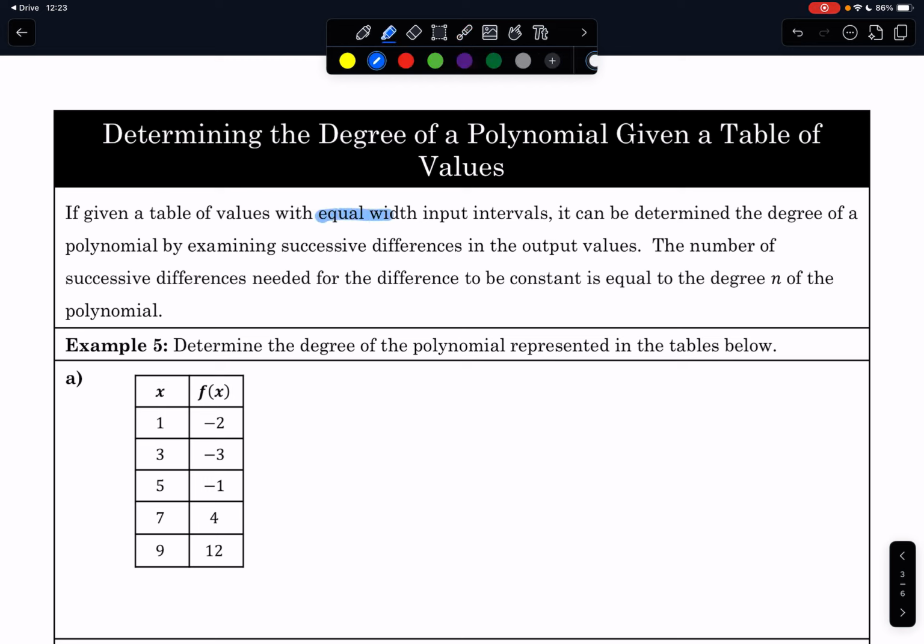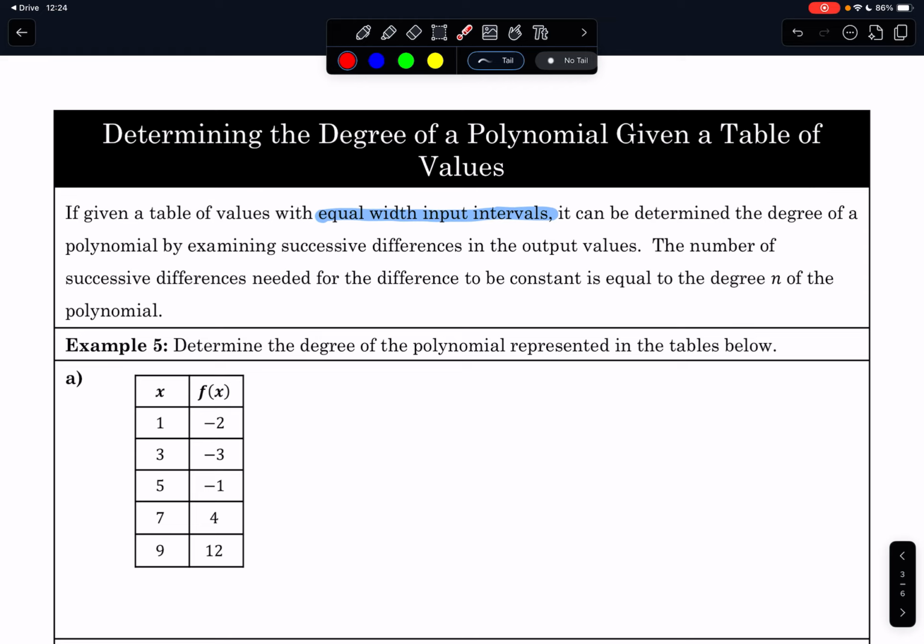Equal width input values, it can be determined that the degree of a polynomial by examining successive differences in the output value. The number of successive differences needed for the difference to be constant is equal to the degree of the polynomial.